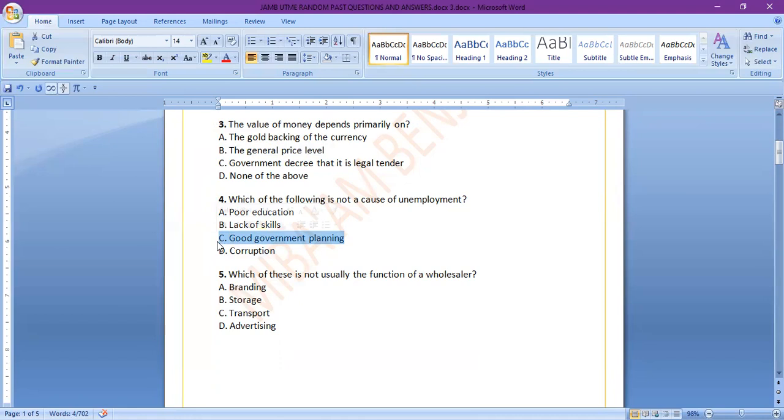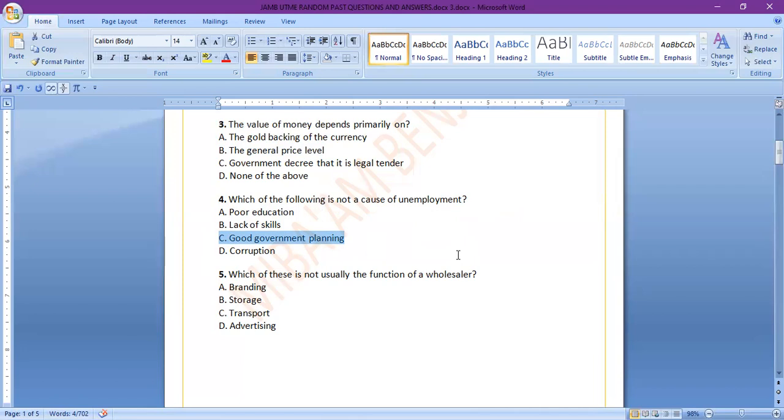When government plans very well and then implements the plans, it helps in reducing unemployment. So the answer is C, because mind you, the question is talking about which is not a cause of unemployment. If you look at the three other options, poor education, lack of skills, corruption, can lead to unemployment.